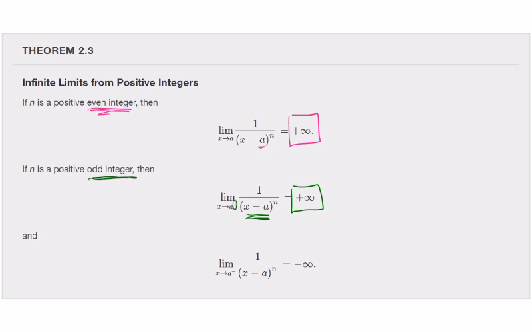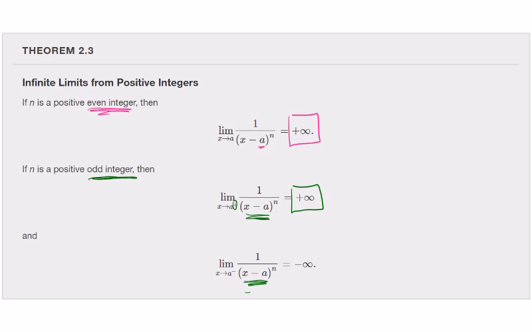Same thing here. If we approach a from the left, these numbers are going to be just a little bit less than a. And so as we get closer to a but less than a, this is going to be a negative number, right? So this will become a negative, really small number.